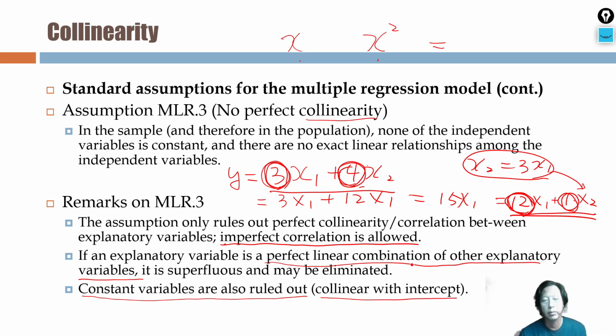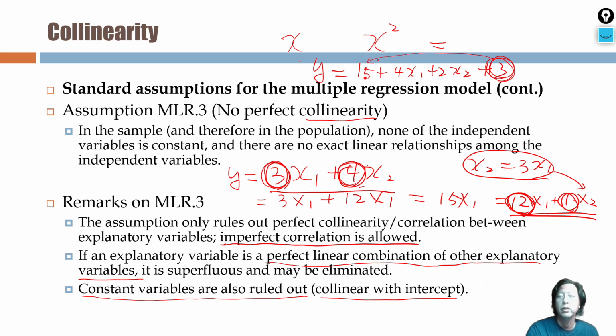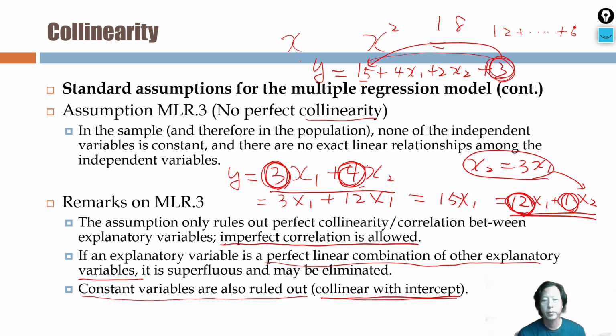The intercept is a constant value, and a constant variable is the same. In y equals 15 plus 4x1 plus 2x2, if 3 is a variable, then it should be added to the intercept, right? That's why it is collinear with the intercept. This constant you can write as 18, or as 12 plus 6, right? So we don't know which one is right.